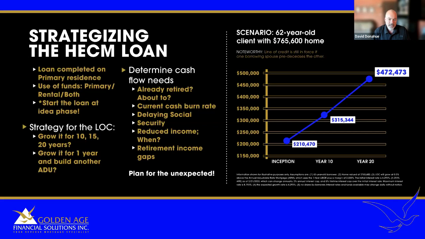Right. And I think this gets to one of the things I wanted to point out. In the scenario where you have, in this illustration, 210 left on the line, and then as it grows to 315 or 472, whenever you decide you want to start pulling that out, that's how much you have available to you. So you're pulling it out at whatever rate you choose, whether $2,000 a month or $10,000 a month.